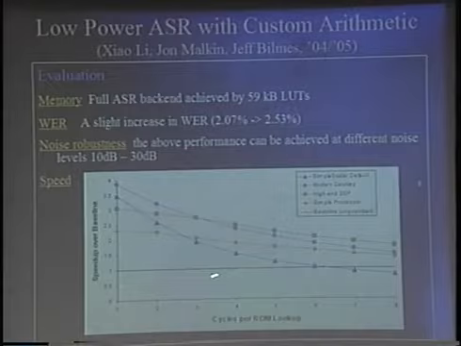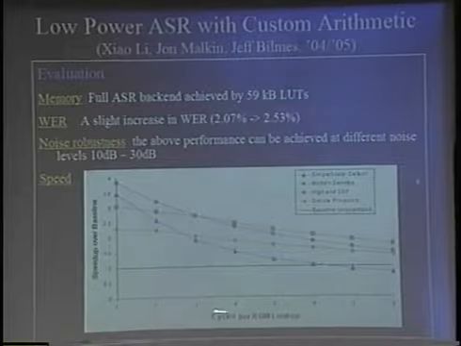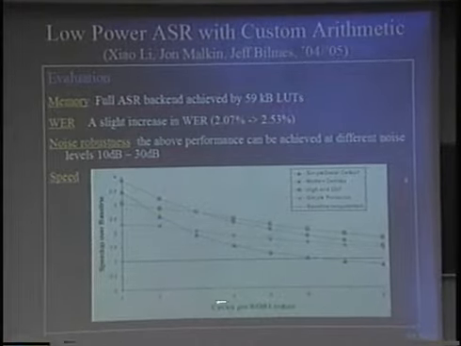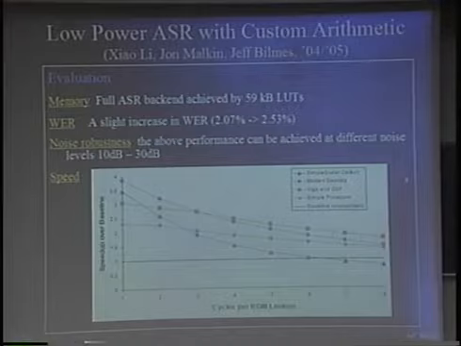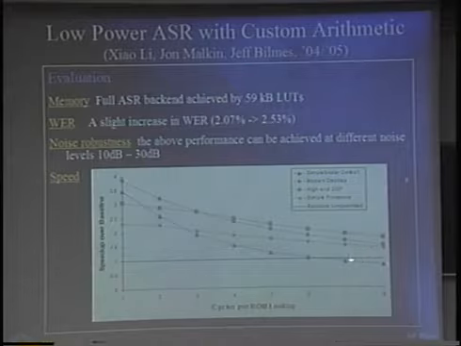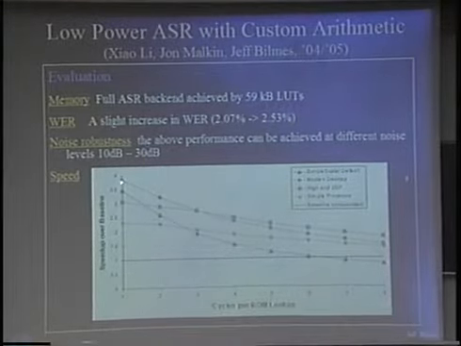This is the speed up over baseline, based on an estimate of the number of cycles per lookup table, or LUT, access. And you can see that as the cycles per lookup table decrease, the speed ups increase significantly.